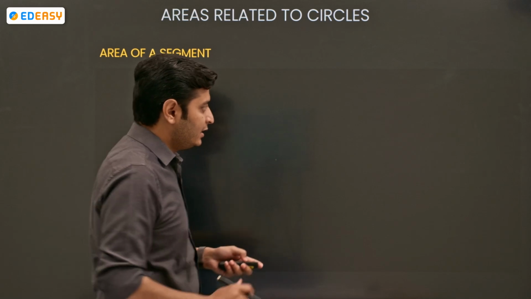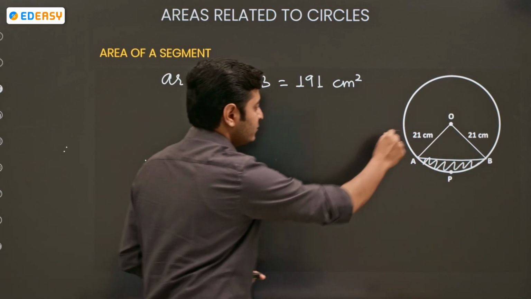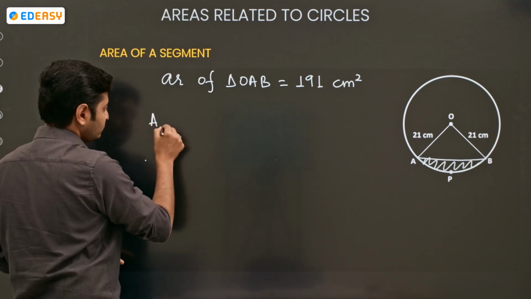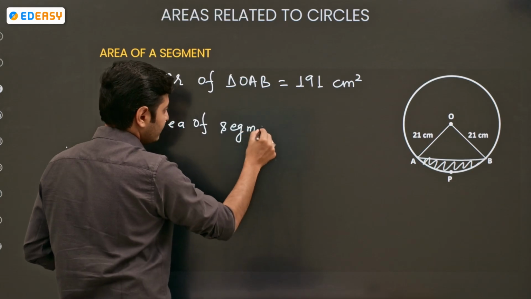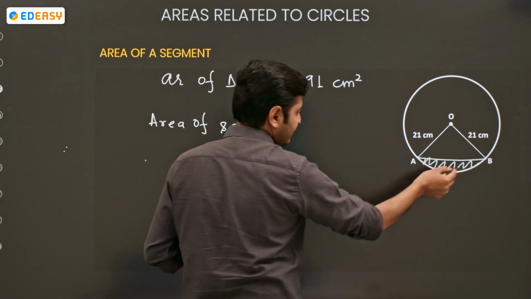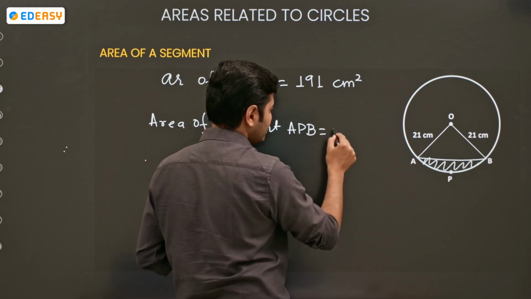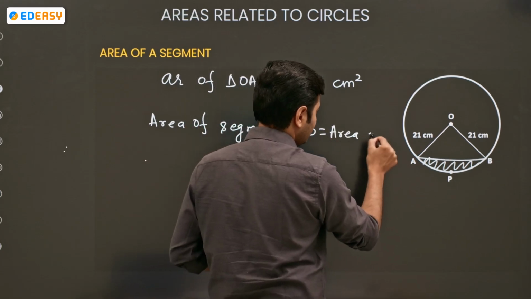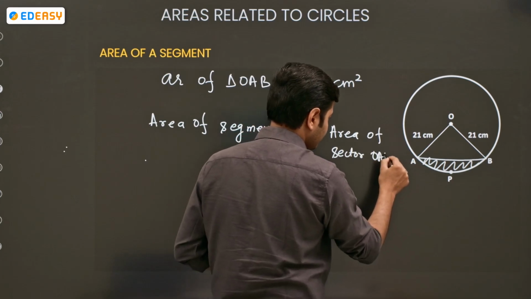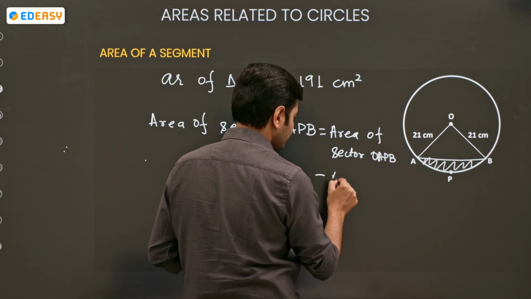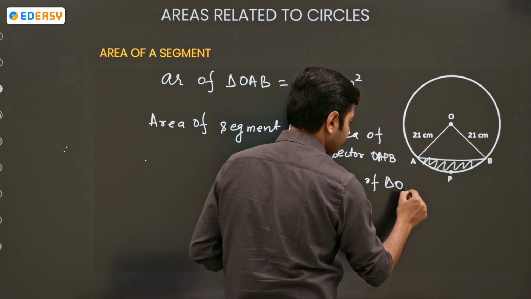So to find the area of this segment, we just need to subtract the area of triangle from the area of sector. So area of segment APB is equal to area of sector OAPB minus area of triangle OAB.